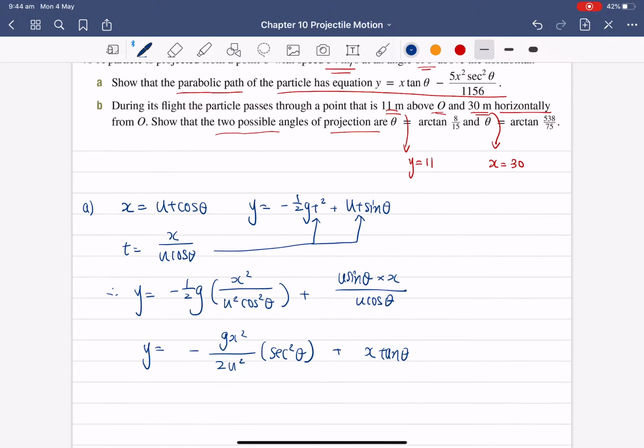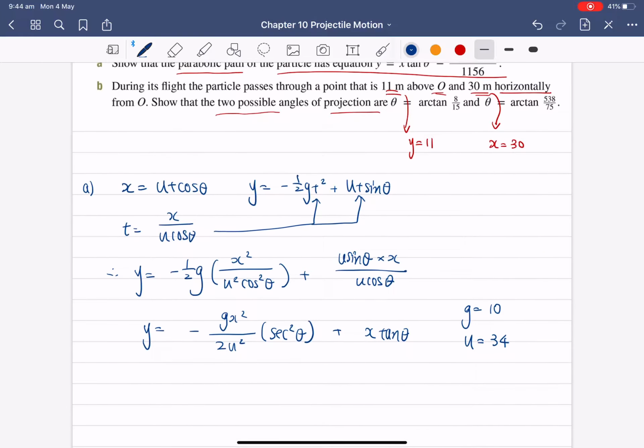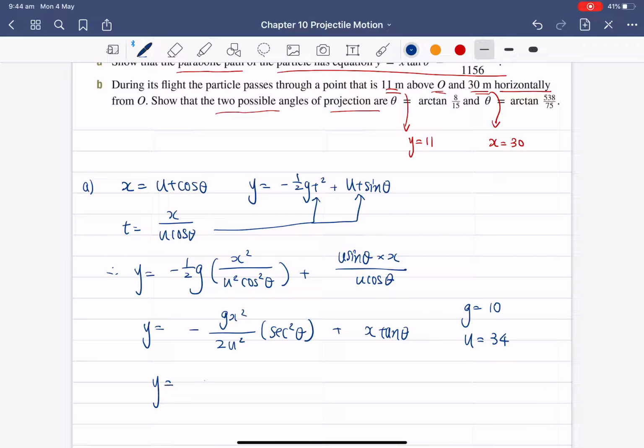Okay, so now what I need to do is some substitution. It looks like they're using g equal to 10 and u is 34. We don't know what theta equals, so let's do a substitution now. So y equals minus 10x squared over 2 times 34 squared, sec squared theta, plus x tan theta.